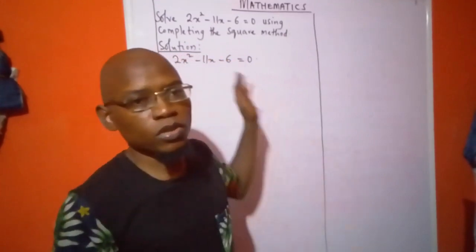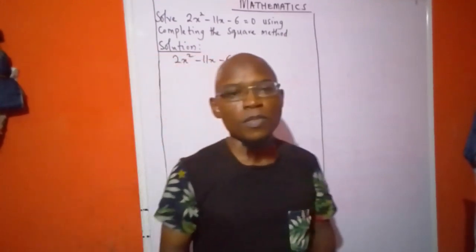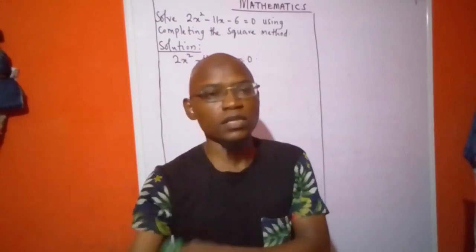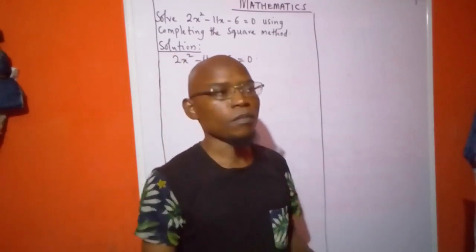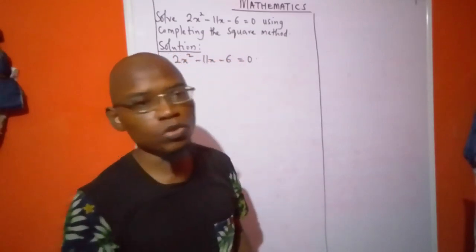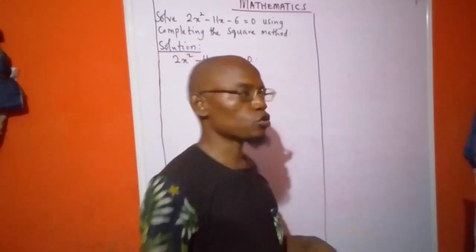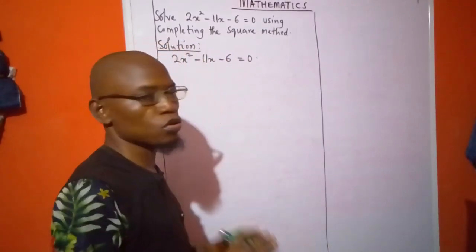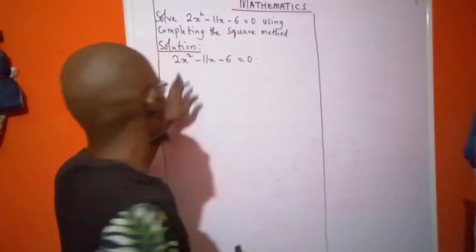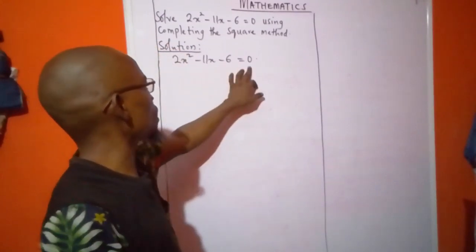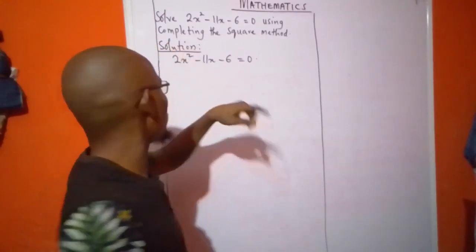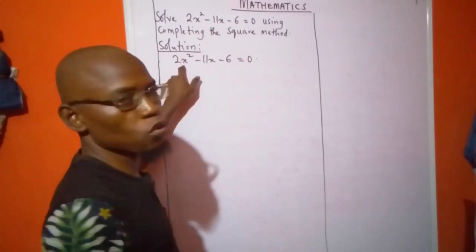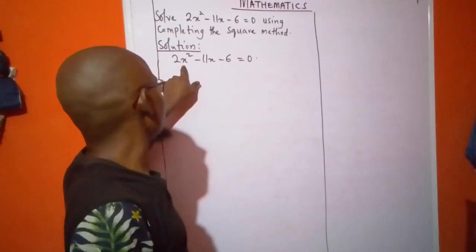Looking at this equation, if you have watched the last class we did, I told you that there's a rule you must first take into consideration in order to use completing the square. If you have an equation like this and you want to use the completing the square method, you first look at the coefficient of x squared.